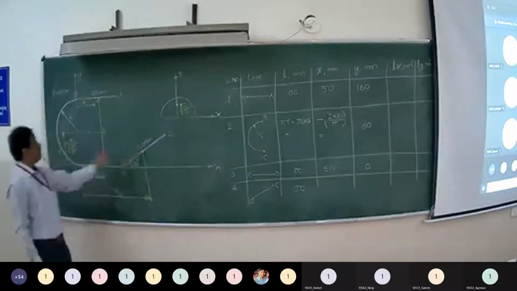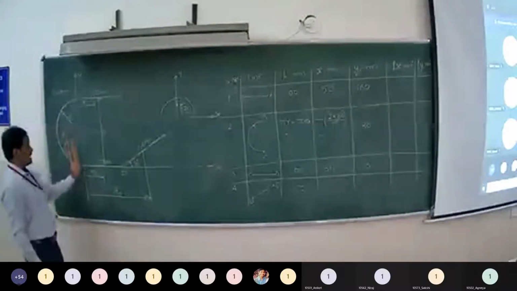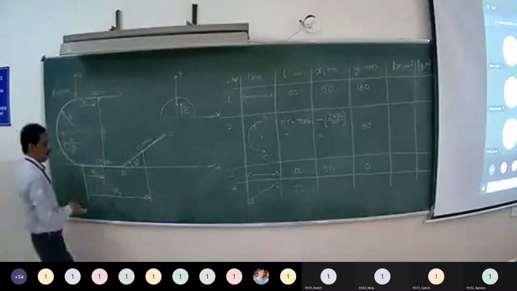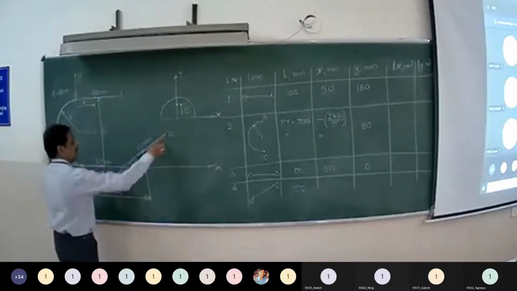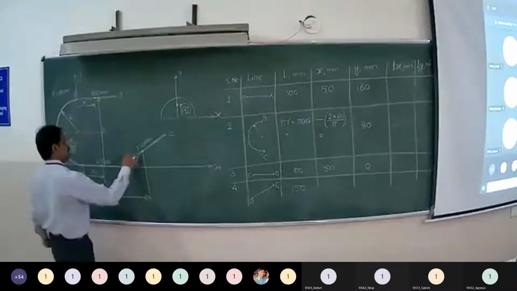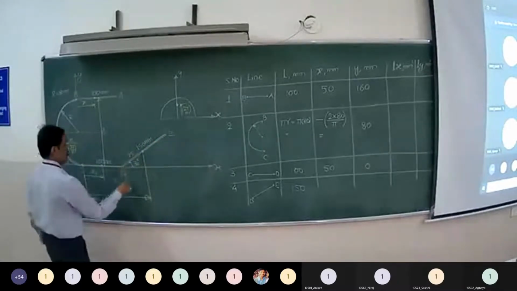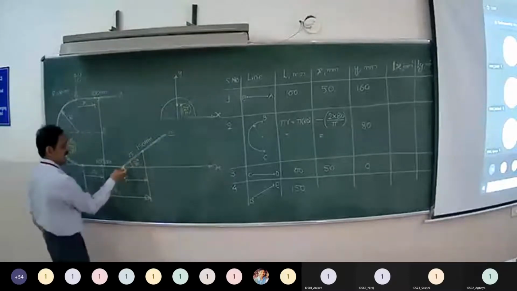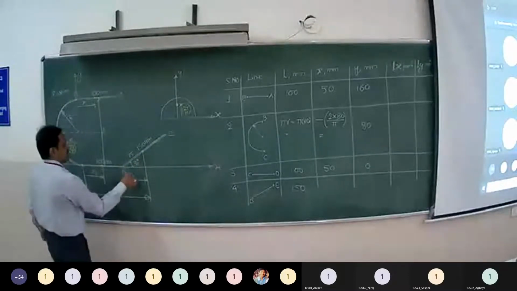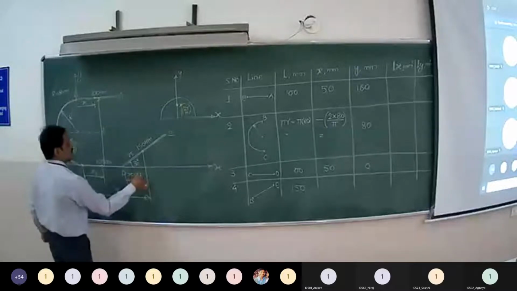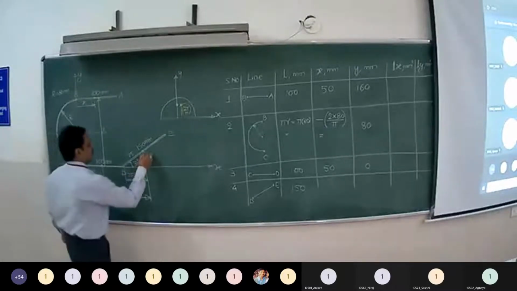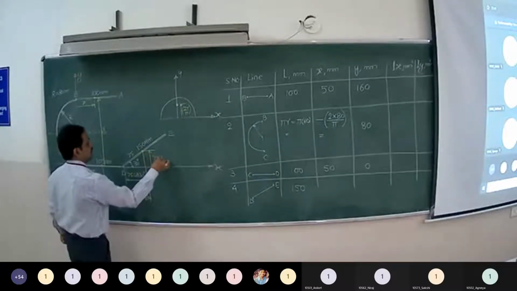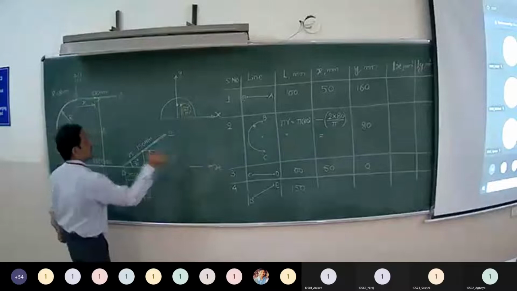Distance of centroid from y-axis. This is our y-axis. So this total distance is x4. So we have this total 150. Half of that is 75. The adjacent side of this right triangle is 75 cos 30, whereas the opposite side is 75 sin 30.